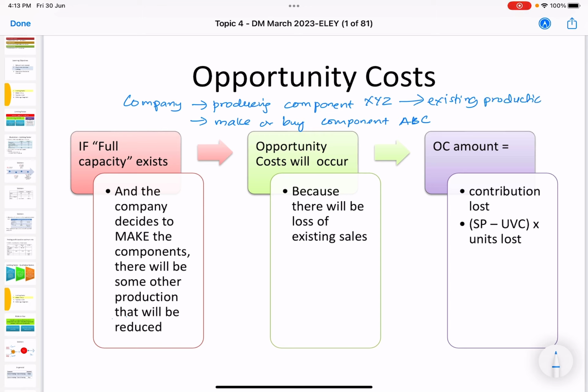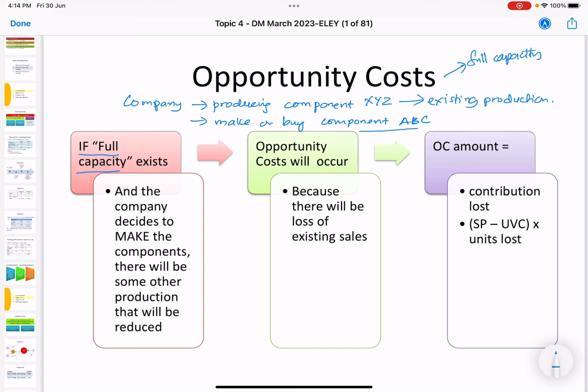Now, let's say they want to decide about component ABC, whether to make or buy, and making component ABC internally may jeopardize the production of component XYZ because of the situation of full capacity. So opportunity cost happens only when there is a full capacity problem.